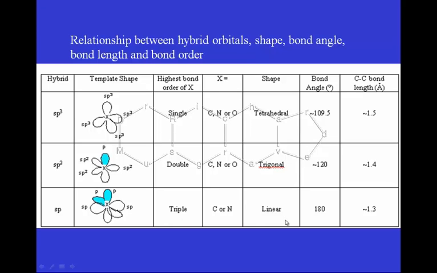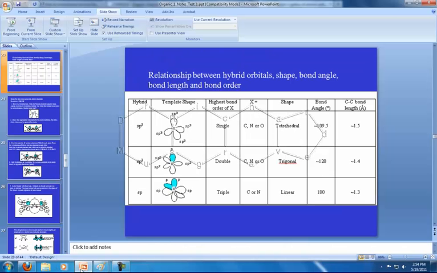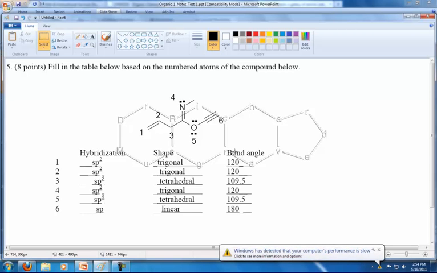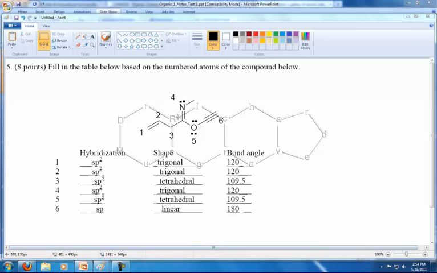Now what we can do is look at an example. This is a similar example to what you might see on a test, where you look at different atoms and figure out what the hybridization might be. You can do that by looking at the bond order for each of these.